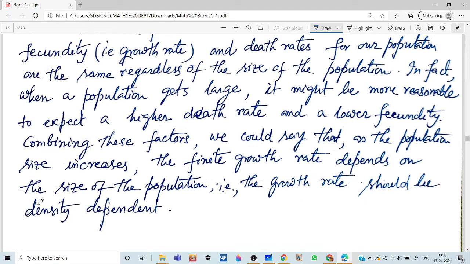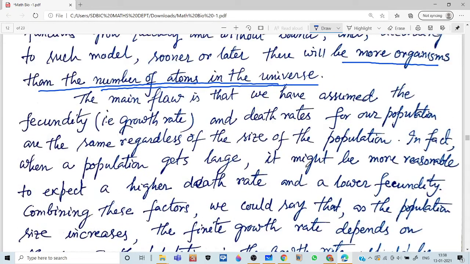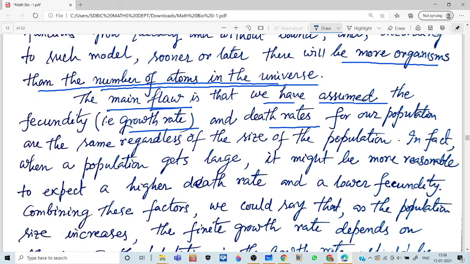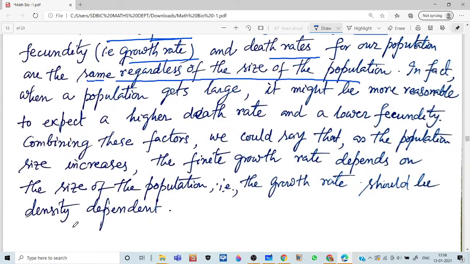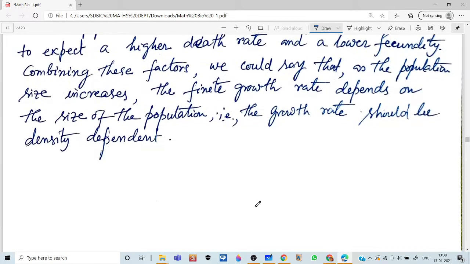It is not the same regardless of the size of the population. So the main flaw of the Malthus model is that it assumes the growth rate and death rate are the same regardless of the size of the population, but actually the growth rate depends on the density of the population.